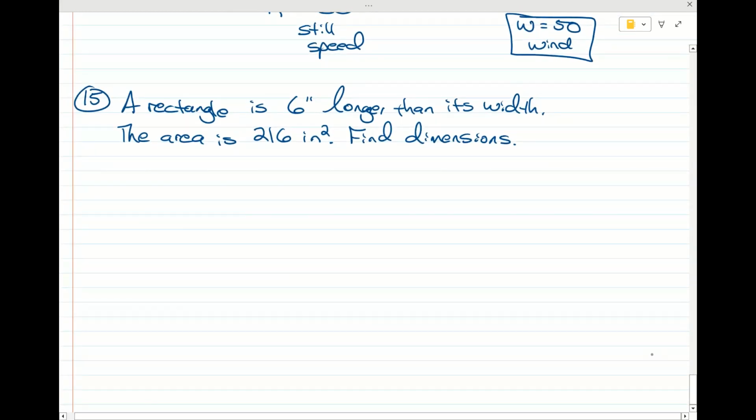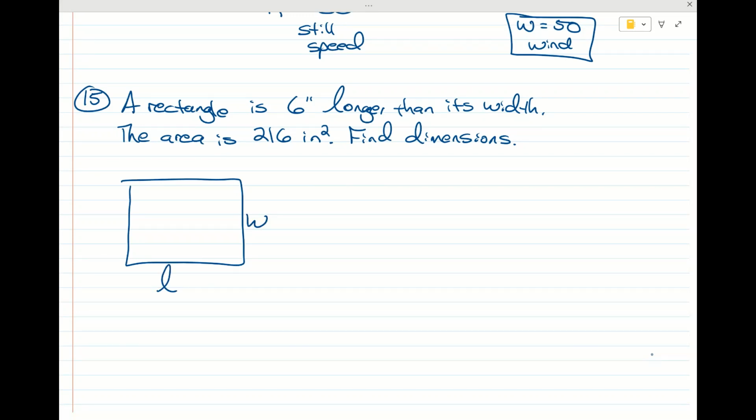So just like we usually do, let's draw a picture. We have a length and a width, and it says it's 6 inches longer than its width, so the length would be the width plus 6, and the area is 216 square inches. Area is equal to length times width, so 216 would equal the length times the width.